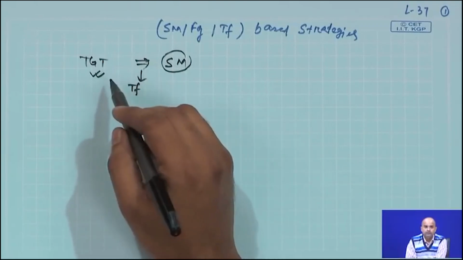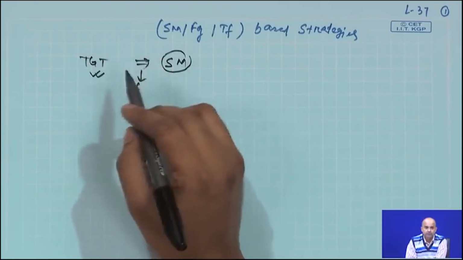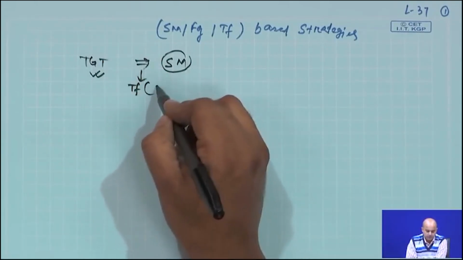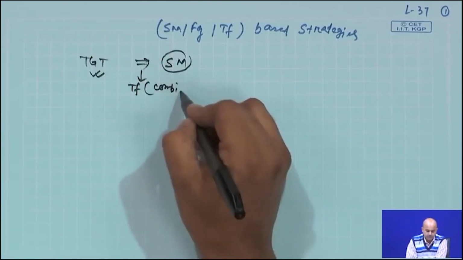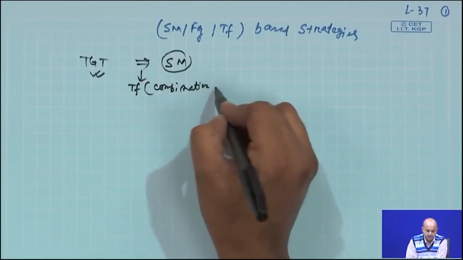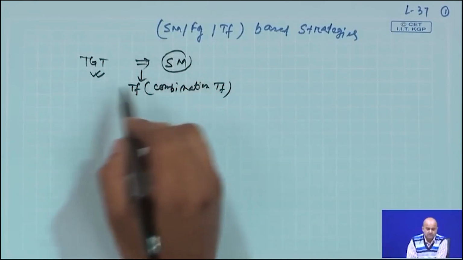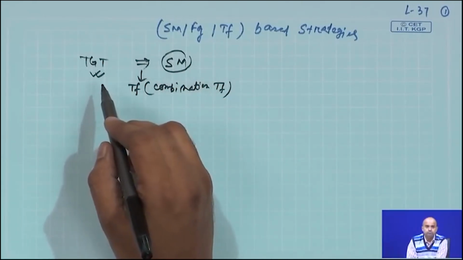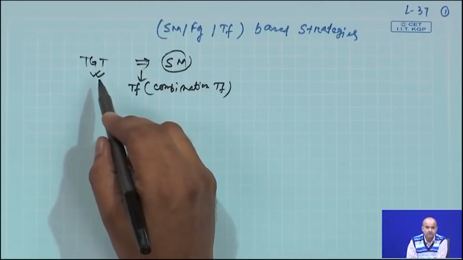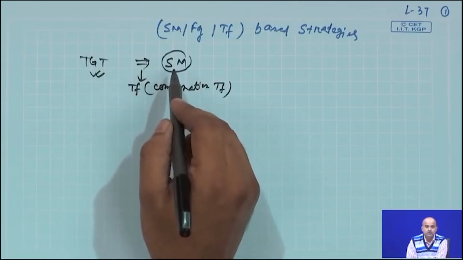Now, if your target is a little bit complex, then probably you need a combination of transformations. A single transformation might not be sufficient. A combination of transformations is required. In addition, you can also think of what are the functional groups present in the target molecule and what are the functional groups present in the starting material.